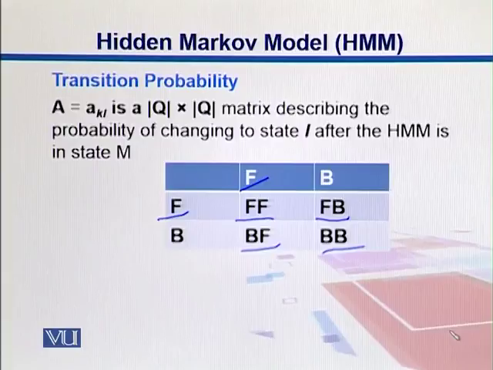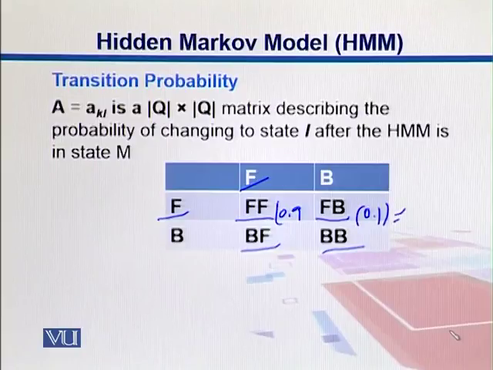That matrix we fill up with actual numbers. Suppose it stays in the fair state with 0.9, then this is 0.1, both of them summing to 1. Same way we can come up with probabilities for the bottom row. Overall this matrix is called the transition probability matrix, which is Q by Q, so on both sides we have states in the rows and in the columns.